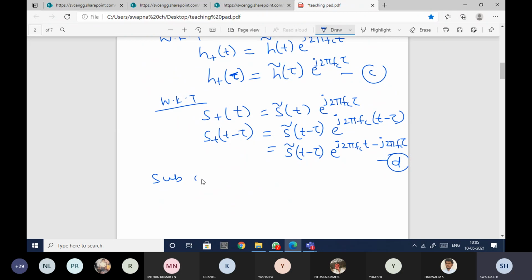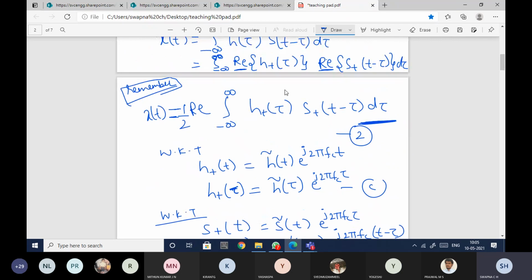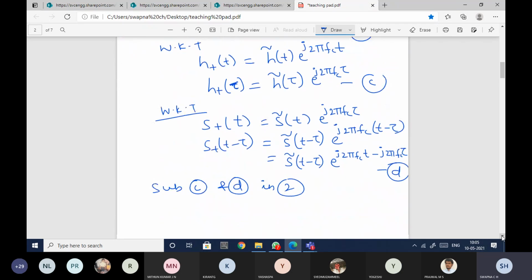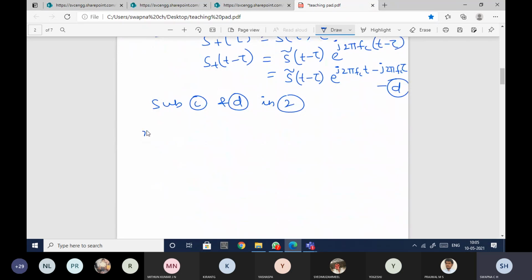Substitute C and D in 2. Equation 2 is this one. I need to substitute C and D in this. So x of t will be equal to half Re of integral from minus infinity to plus infinity.